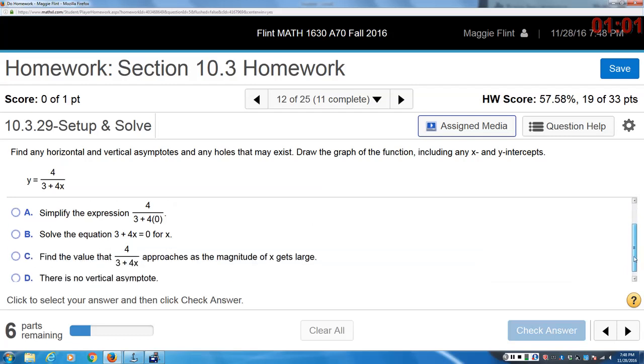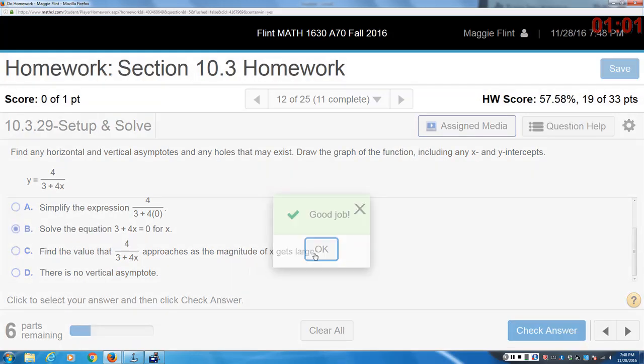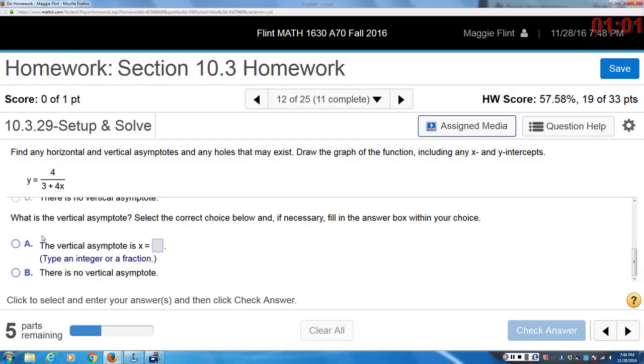It says, how can the vertical asymptote be found? Solve the equation 3 plus 4x is equal to 0 for x. And it says, what is the vertical asymptote? Well, let's see. 3 plus 4x equals 0 gives x equals -3/4.